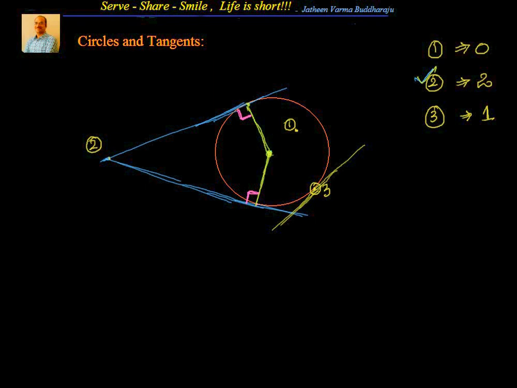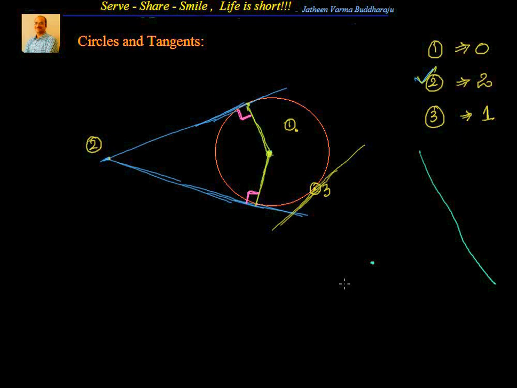For that we will step a little bit back. Let us say there is a point, and let us say there is a line. In previous classes we have learned that the distance between a point and a line is nothing but the shortest distance, or the perpendicular distance.